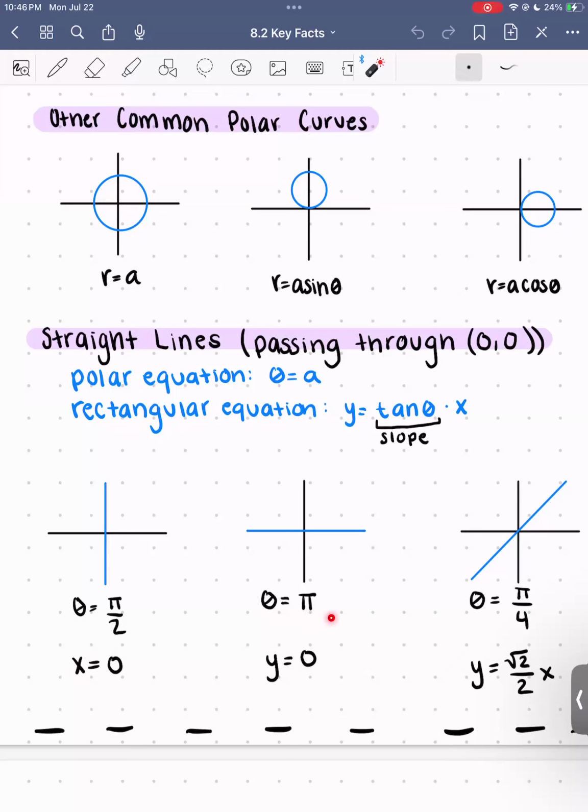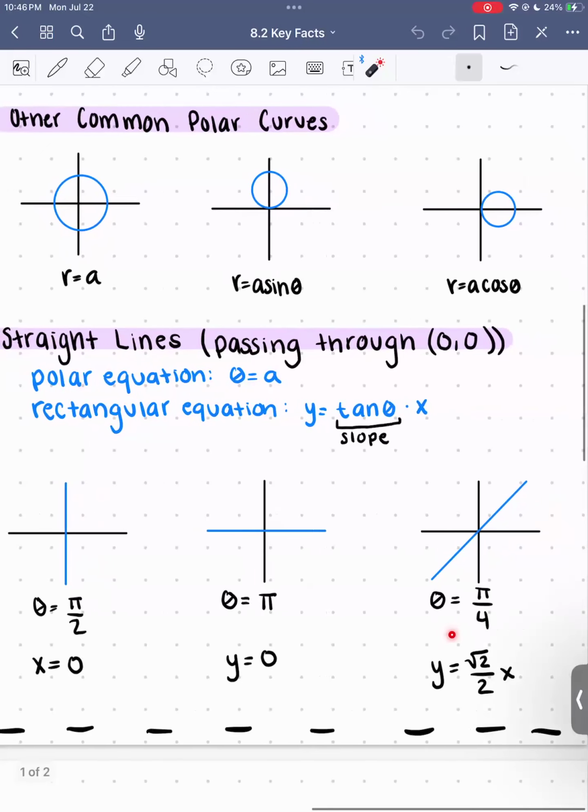If we have theta equals pi, we know that pi is right here, so it would just be a horizontal line on our x-axis. For the rectangular equation, we would represent that as y equals 0, because y equals always represents a horizontal line. Remember, these pass through the origin, so that's why it's 0.